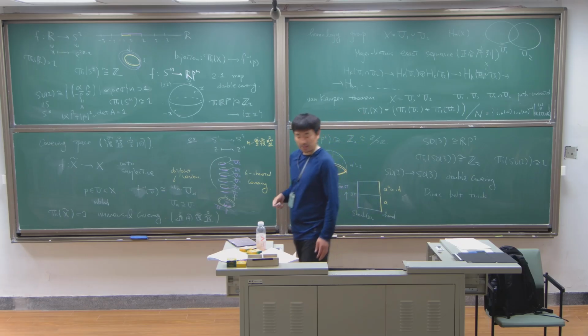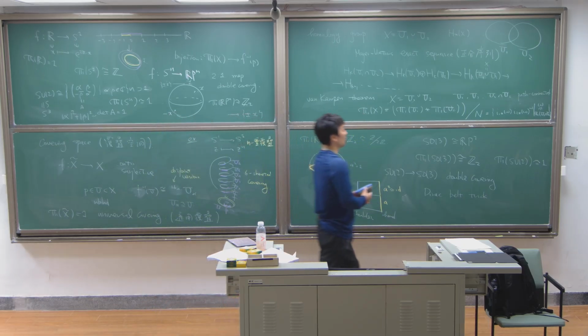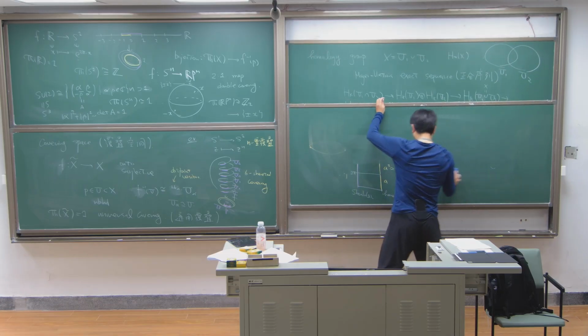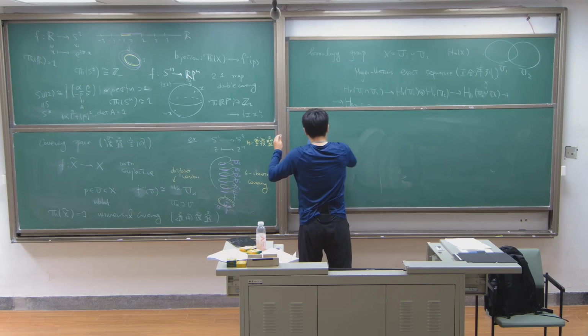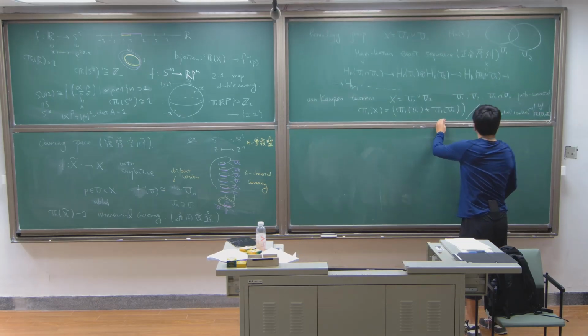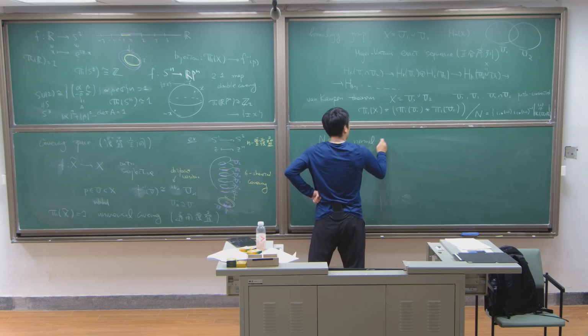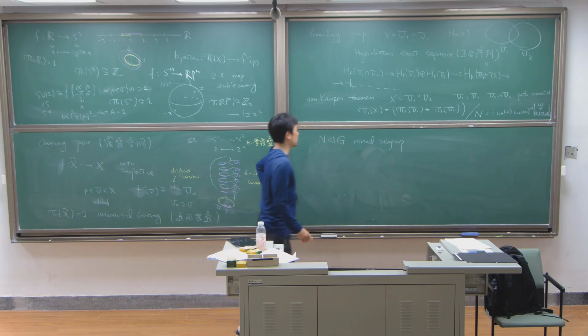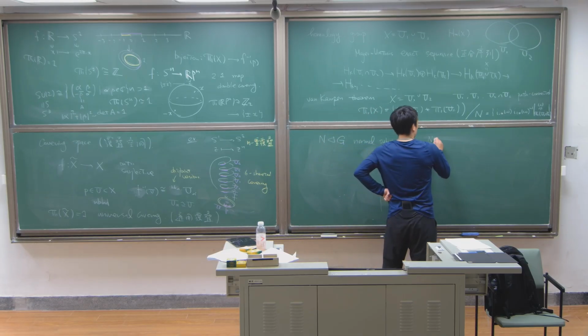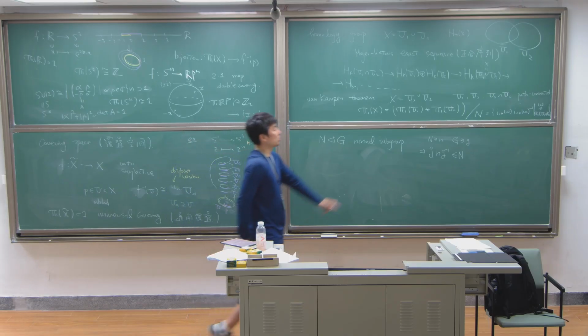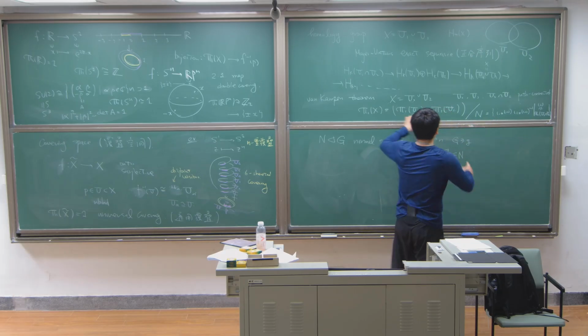I'm not going to explain in great detail, but it's kind of cool. A normal subgroup N in G is a subgroup such that for n in N and g in G, g n g inverse is also inside N. So essentially, the normal subgroup generated by this element is obtained by conjugating by the free group.